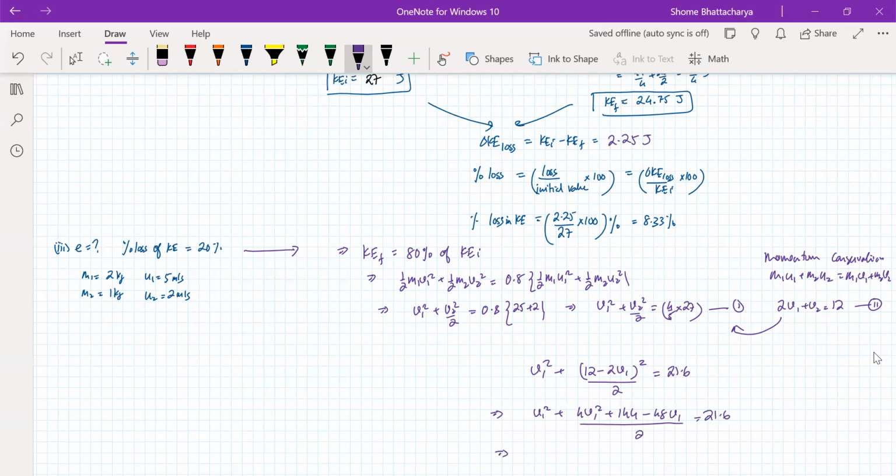So finally we'll get an equation like this. 6 is the coefficient of V1 square, minus 48 is the coefficient of V1, plus we will get here 144 minus double of 21.6. So this is our quadratic equation for V1.